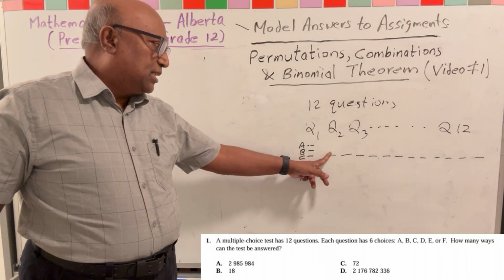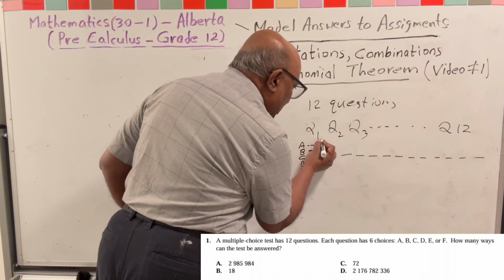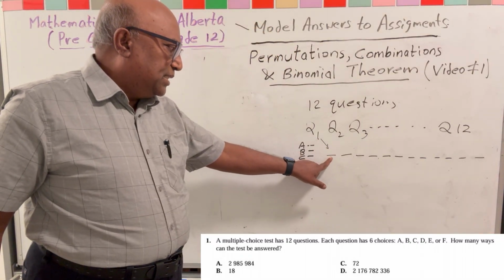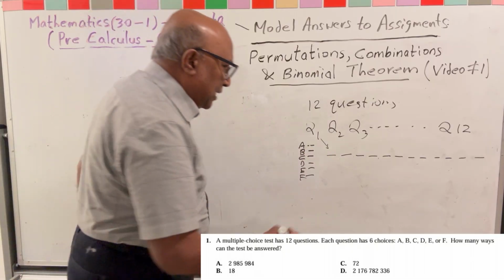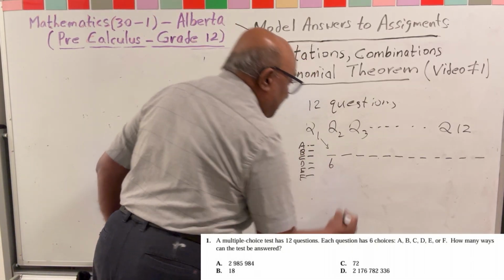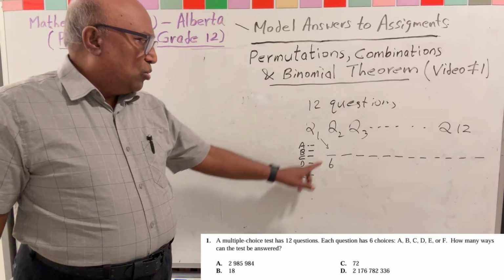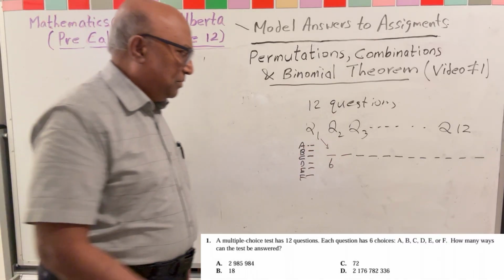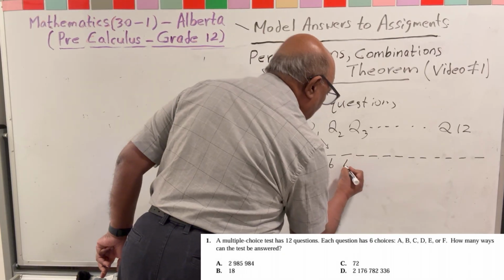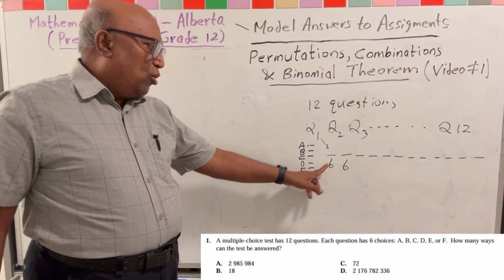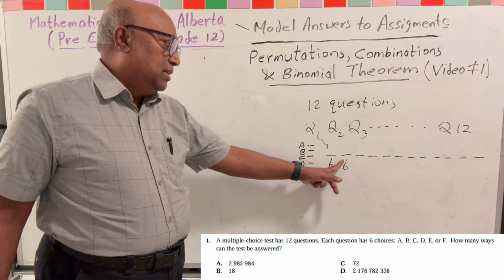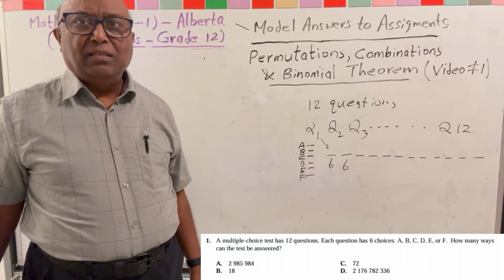You can select the first question in 6 ways, so let's put 6 for this. Question number 2 also you can select in 6 ways. Now, how many ways are there to select both the first and second question? That is 6 times 6.